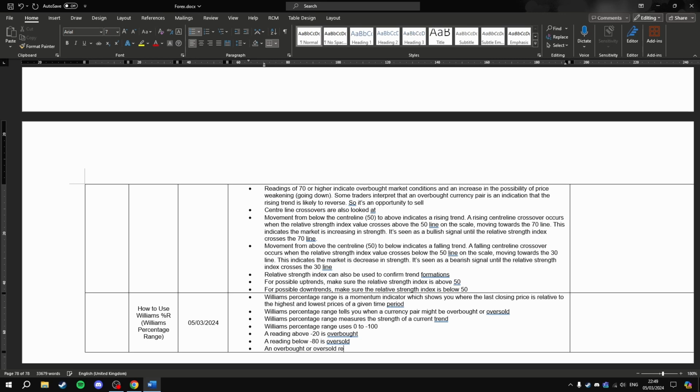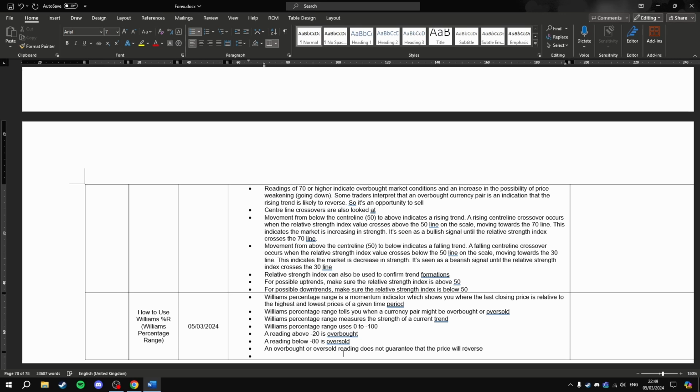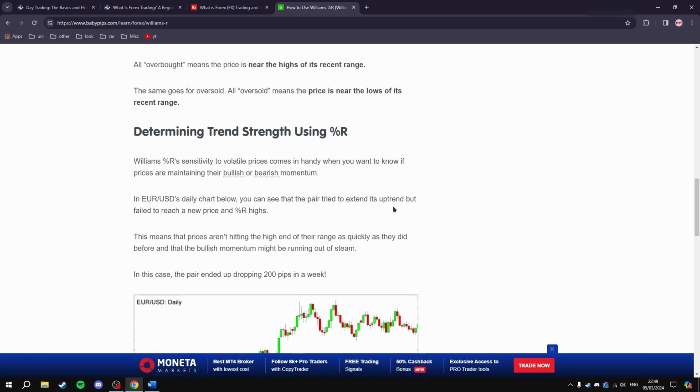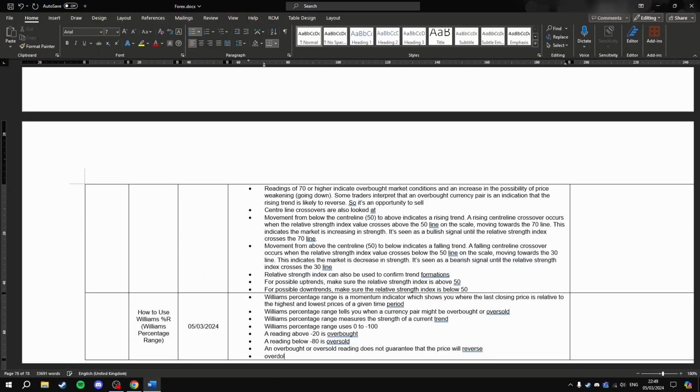Overbought or oversold reading does not guarantee that the price will reverse. All overbought means is the price is near the highs of its recent range.